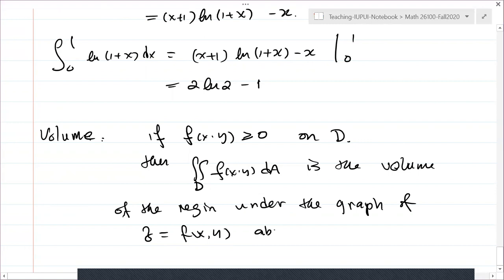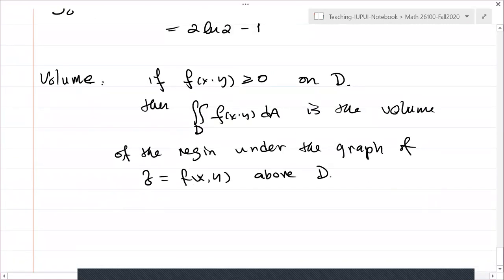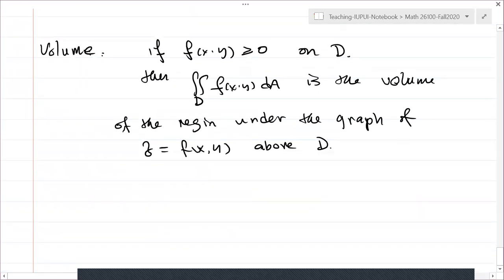and above D. So you can also use this result to evaluate a double integral.